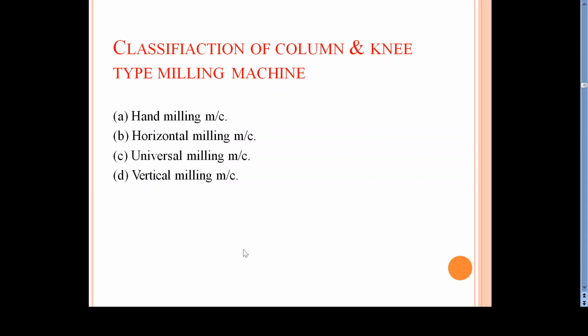So in column and knee type, there are mainly three types: horizontal, vertical, and universal. These machines are classified based on the tool head. In the horizontal milling machine, the tool rotates on a horizontal axis. In the universal milling machine, we can swivel the tool head. In the vertical milling machine, the tool axis is vertical.